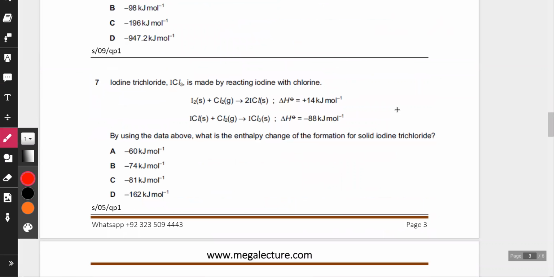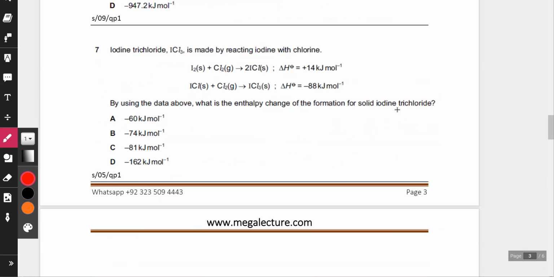Okay, then try doing this question now. It's a similar question. You're being asked to find out the enthalpy change of formation for solid iodine trichloride, right? Again, but this time the reactions that are given to you are different.